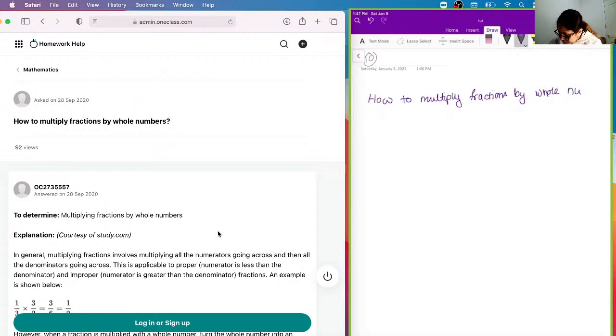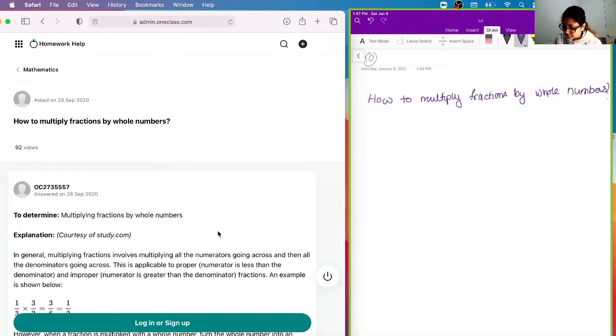When you're multiplying fractions, this involves multiplying all the numerators going across, and then the denominators going across.